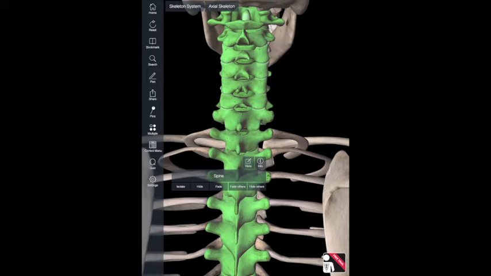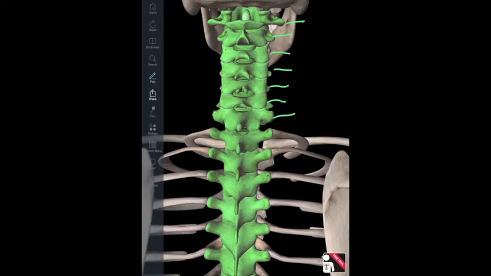Those first 7, and if I actually do the pen, I can do it here. There is 1, there's 2, 3, 4, 5, 6, 7 right there. Those are your cervical vertebrae. How you know that is they are not attached to a rib and they're closer to the head in the neck region, which is the cervical region.